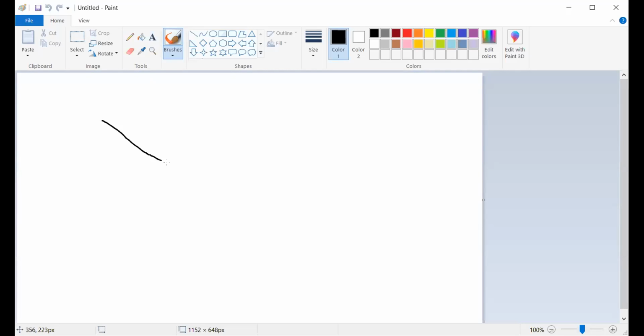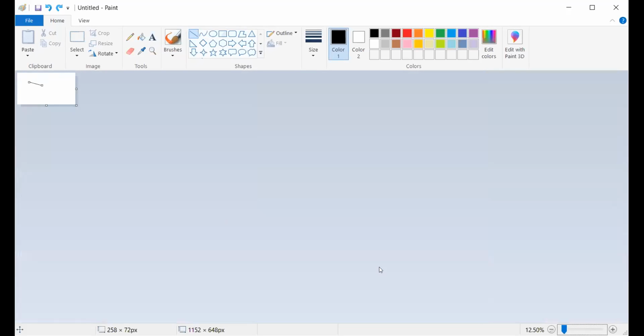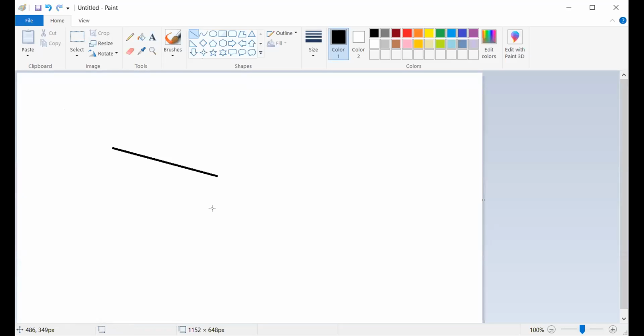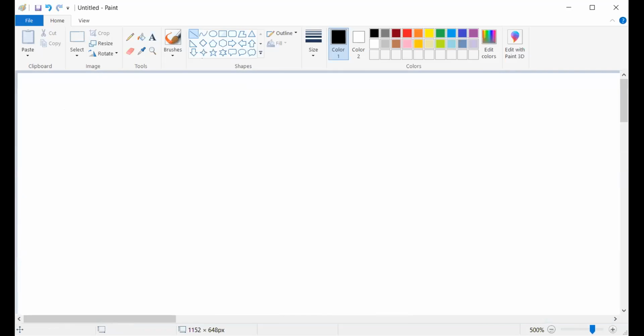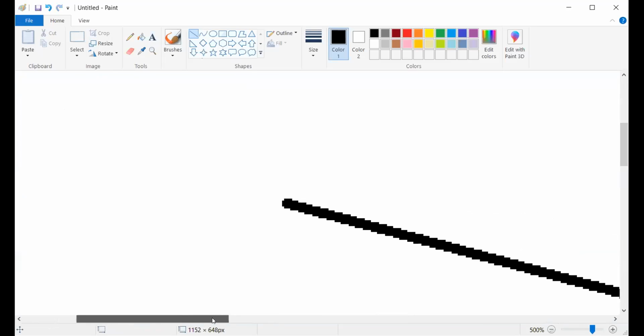Let us consider I am taking the pencil here, and I will draw a straight line. See here, I am zooming.